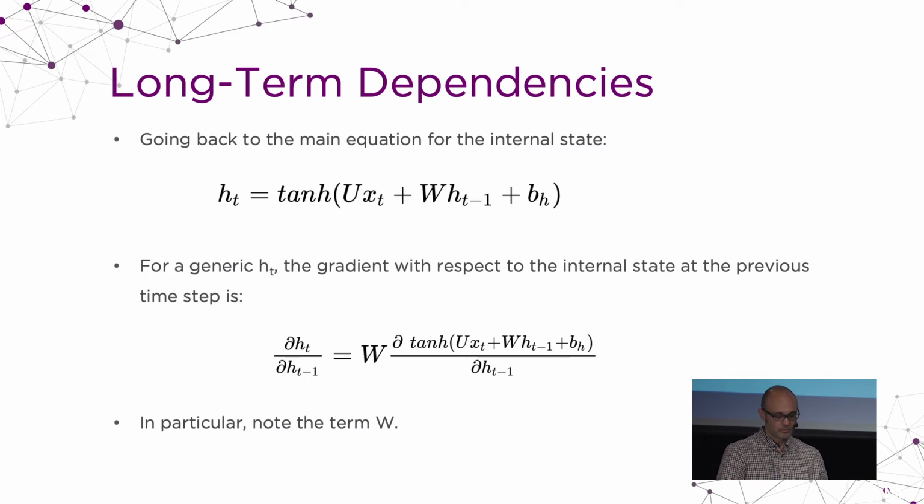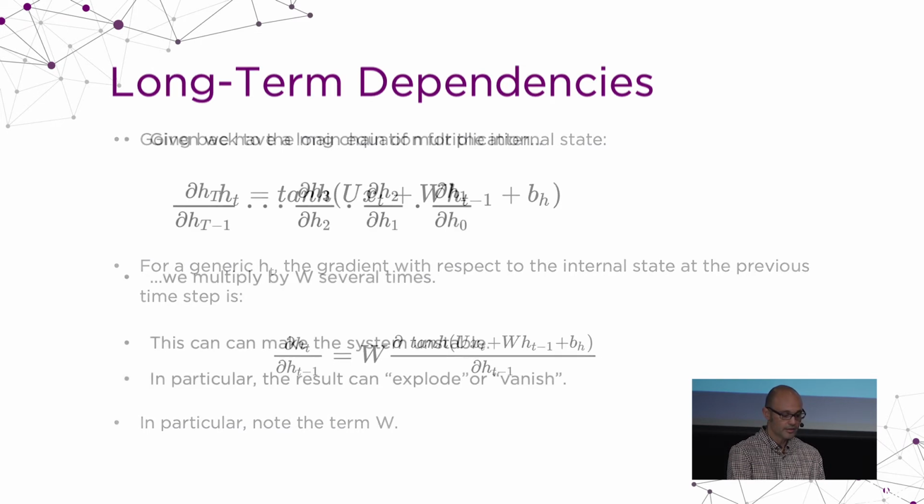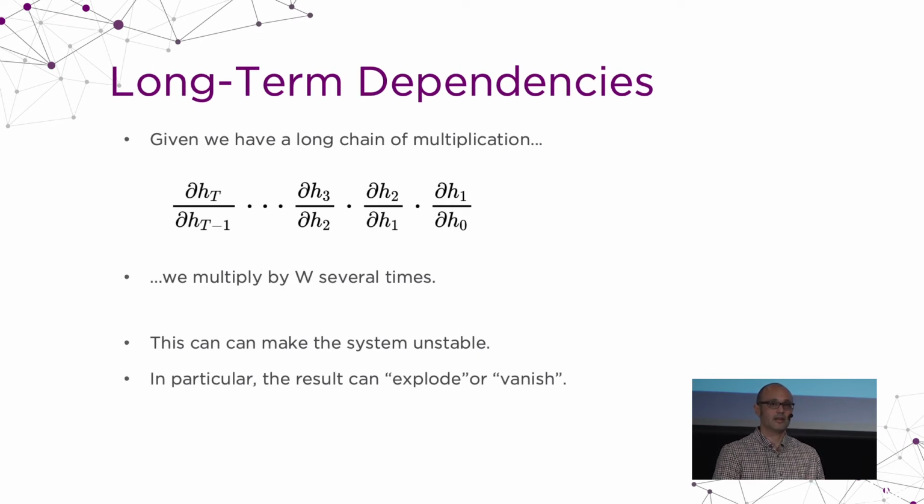So if I multiply these gradients many times, let's say 100 times, I end up multiplying 100 times by W. And actually, this is a problem, because it turns out that there are two cases. Our gradient can either explode or it can vanish. And we will now look at these two cases, and we will try to find a solution to the problem.